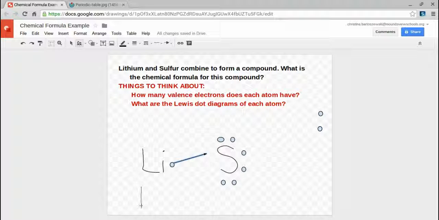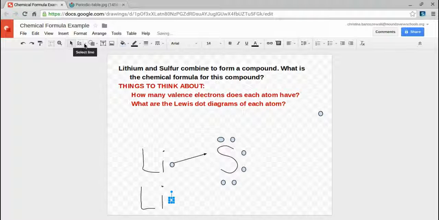So lithium says, okay, I'll recruit one of my buddies to give you, sulfur, another valence electron. It comes in with another valence electron ready to go and says, hey, sulfur, I'll help you out because I can satisfy your octet. So lithium comes over here and gives up another valence electron.